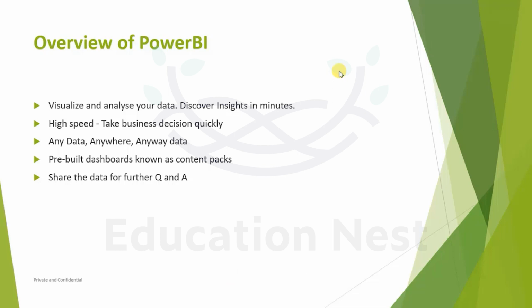And then you can always share your data for further Q&A. There is a feature in Power BI wherein you can share your data with your relevant stakeholders and query based on what you see on the screen.